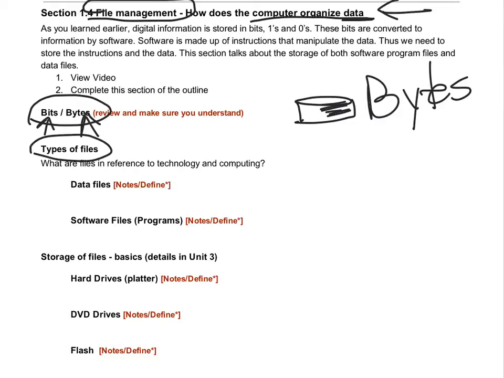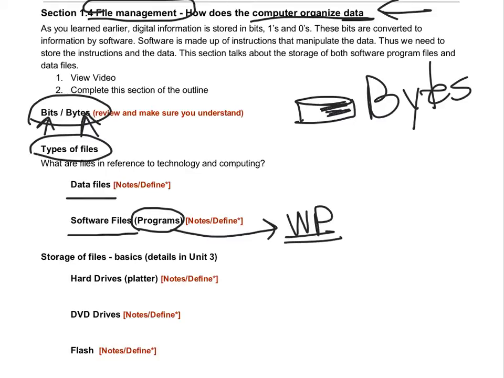Types of files. When we store files, we have data files, and then we have software files, the actual programs. Both of those need to be stored somewhere. And we're going to learn that there's a variety of places that they exist, but both need to be stored. An example would be a word processing software.